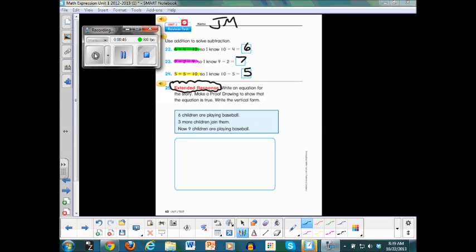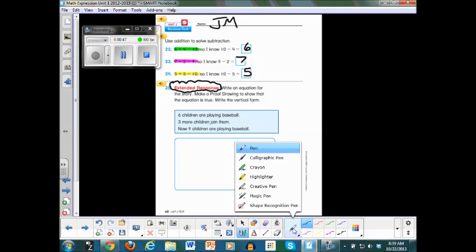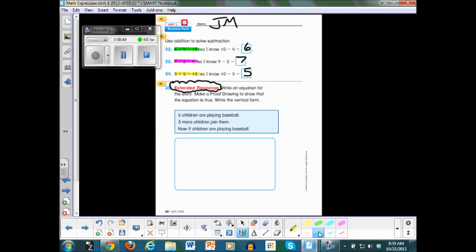Write the vertical form. Here are some important words we cannot forget. They want us to make a what? Proof drawing. And they want us to show an equation in vertical form.